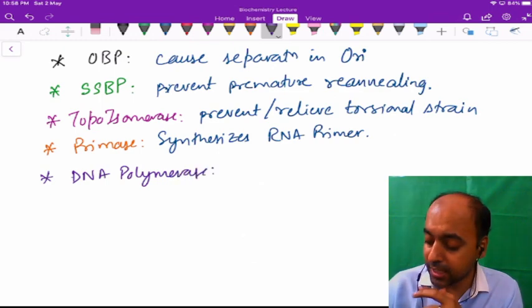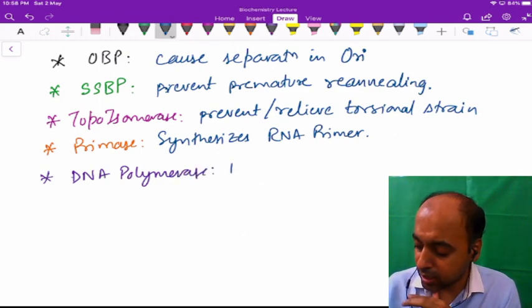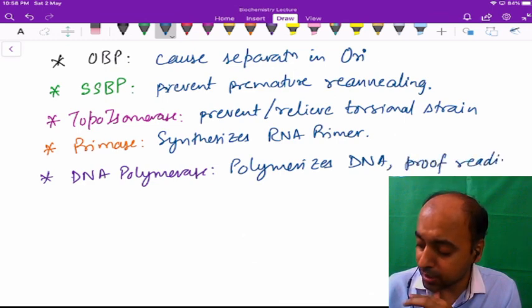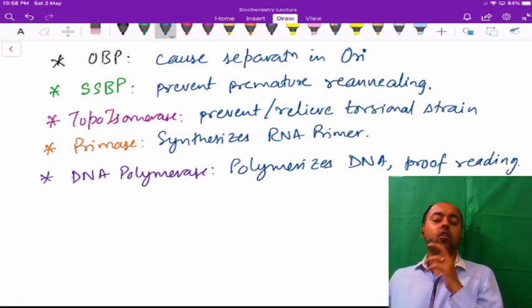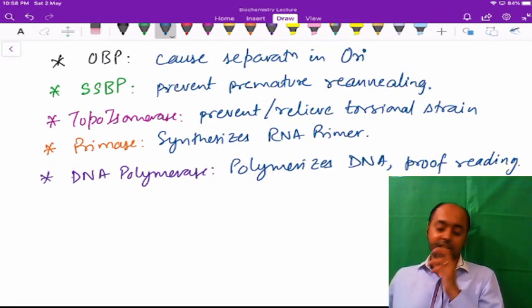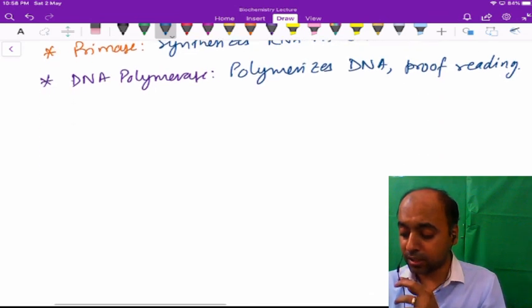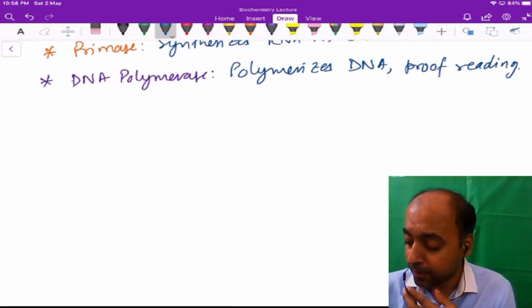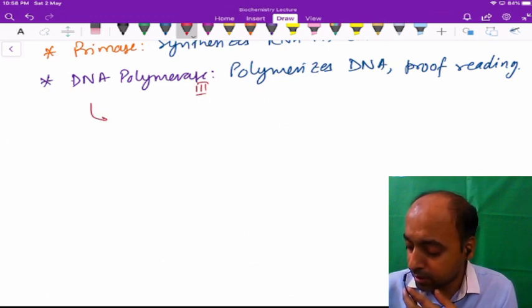DNA polymerase has certain important functions. It polymerizes DNA and it also carries out proofreading of the replicated DNA. In addition to the main polymerase, which is the type 3, we also have DNA polymerase type 1.